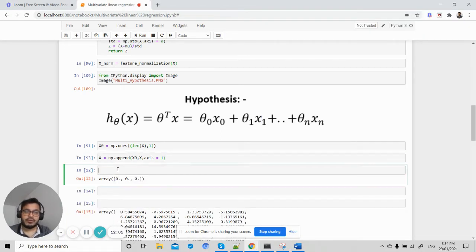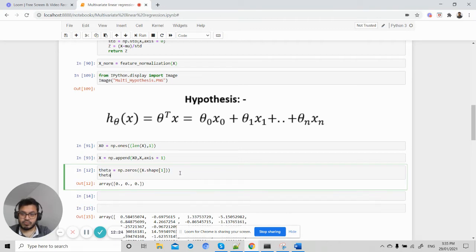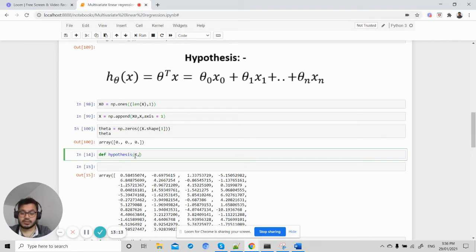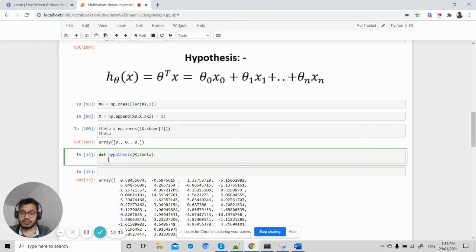Now let's assume our theta is initially np dot zeros of shape comma 1. What this does is it generates a theta. Now let's write our hypothesis function with x and theta.